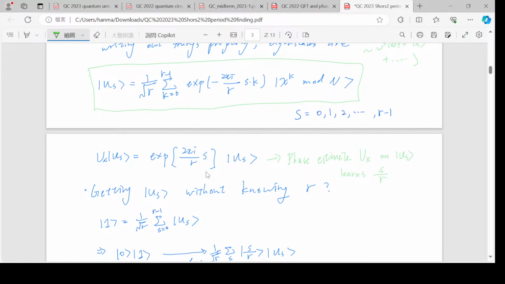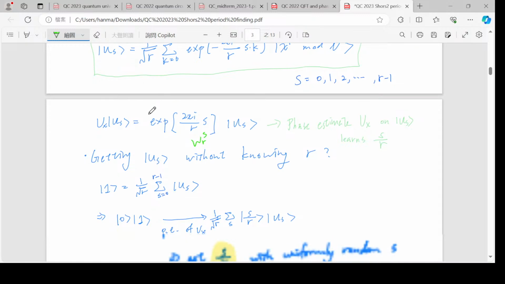Anyway, if we do phase estimation on this thing and ignore precision, then we will learn s over r, because the phase phi here is s over r. And if you know s over r, then you basically know r, although there are more things you need to do. But let's solve the other problem first.